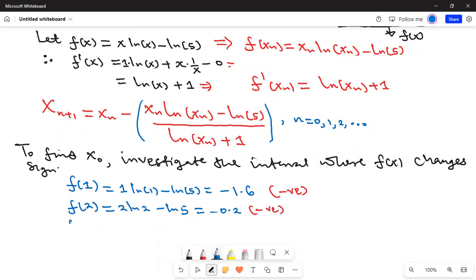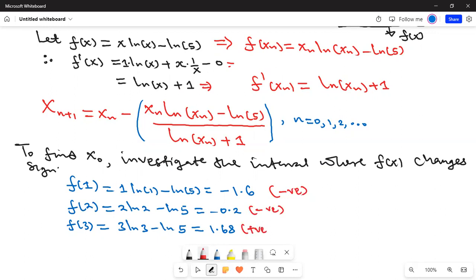What about if we go to f of 3? I'll have 3 ln 3 minus ln 5. If I press that in my calculator, I am getting 1.68. That's positive 1.68 something. I don't need to write all the numbers because I'm just interested in the sign.